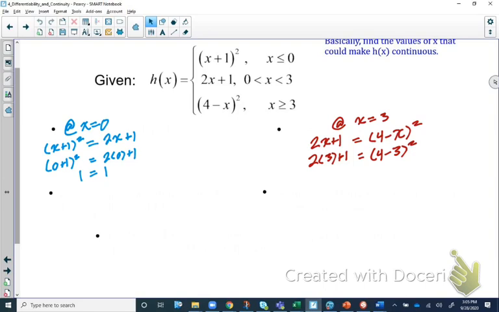In this case, on the left side, we're going to get a 7, and on the right side, we're going to get a 1. And so 7 does not equal 1. Okay? So at one point on the domains, we're going to have something that's continuous because we're able to show that the left and right sides are matching each other.